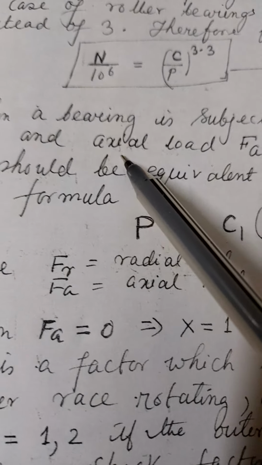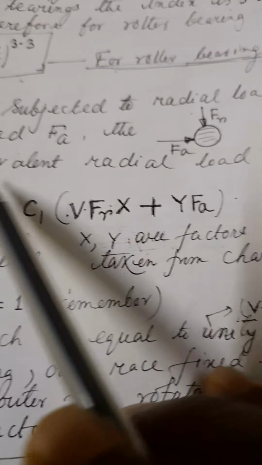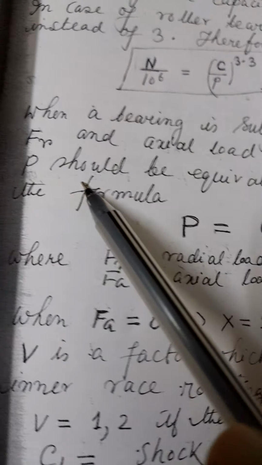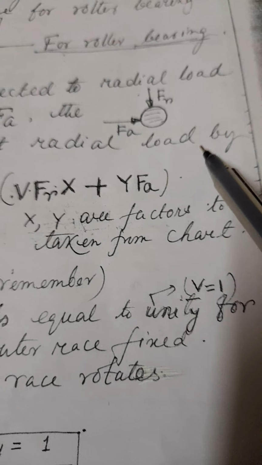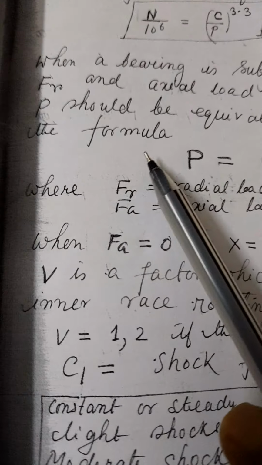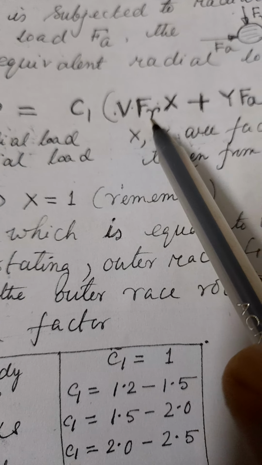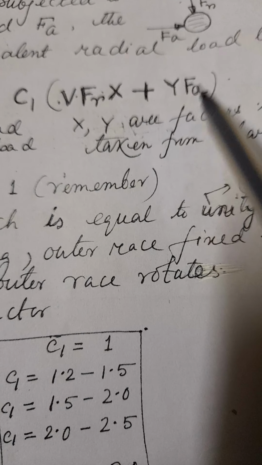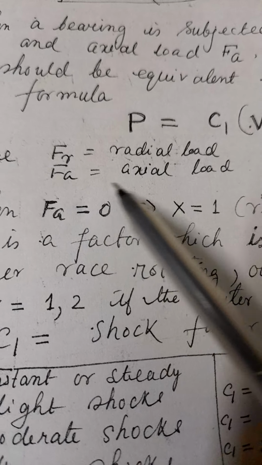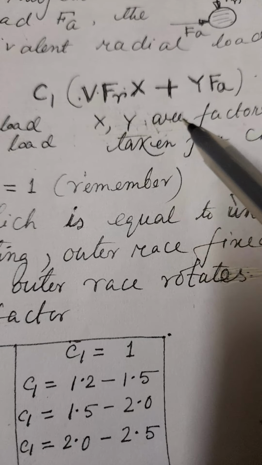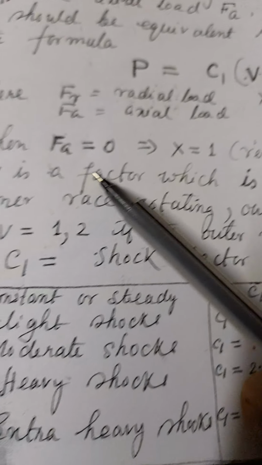Fr and axial load Fa, the P should be equivalent radial load by the formula P is equal to C1 (V Fr X plus Y Fa), where Fr is the radial load, Fa is the axial load, X and Y are factors to be taken from the chart.